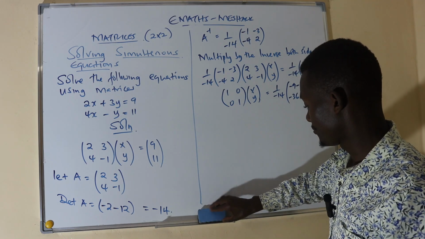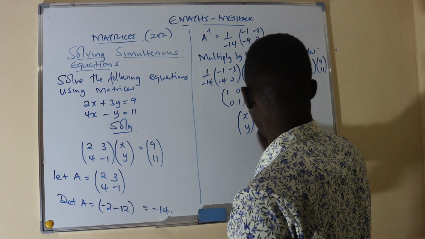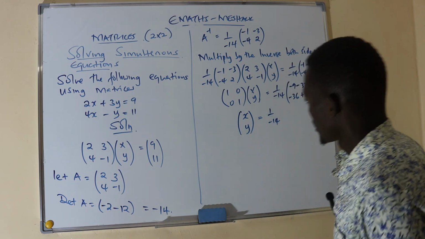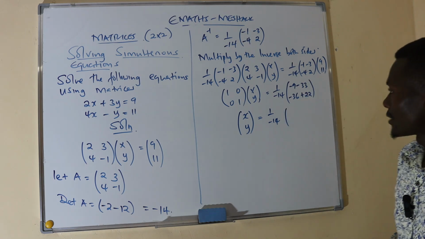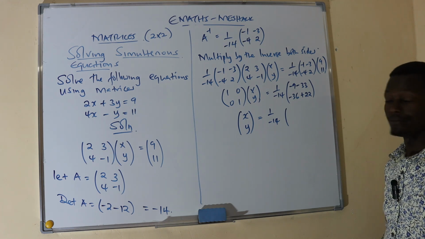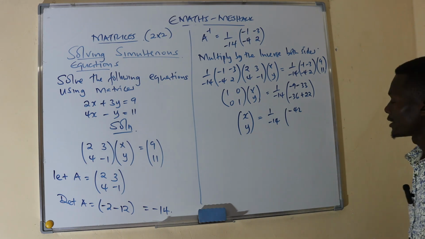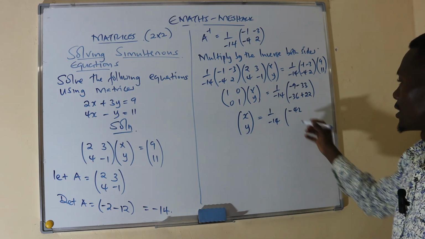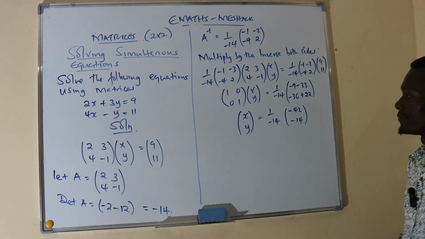We shall have x and y on the right hand side, then 1 over -14, then -9 and -33, which gives us -42. Then -36 plus 22 gives us -14.